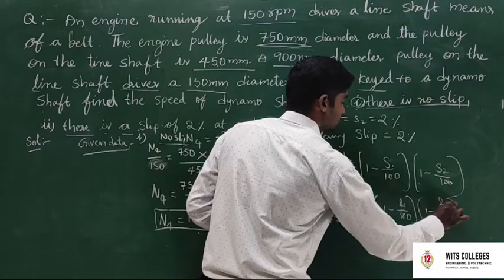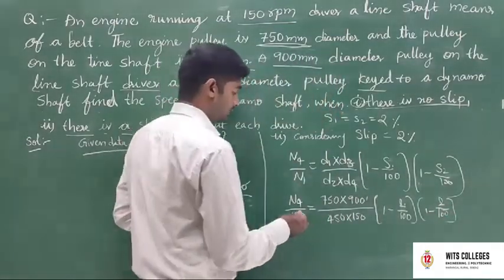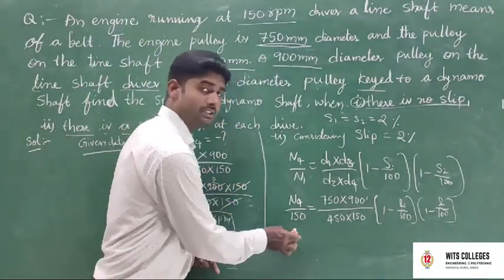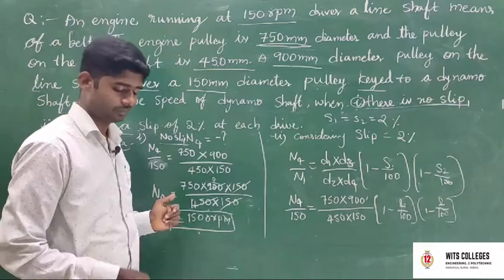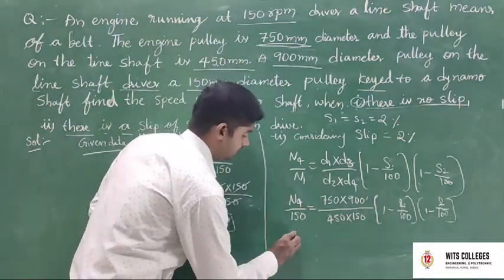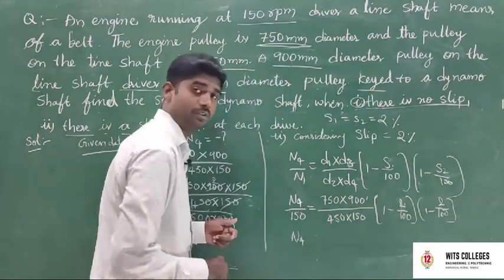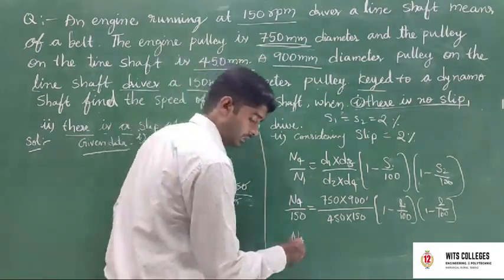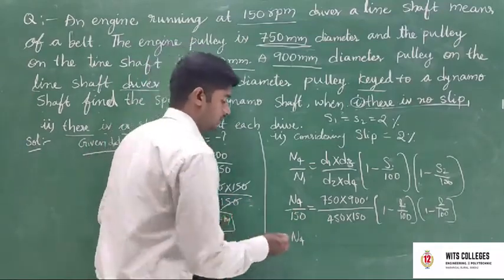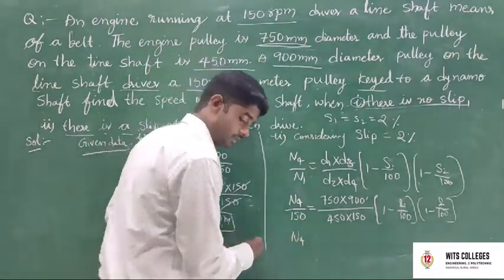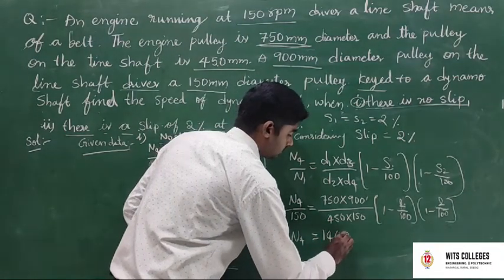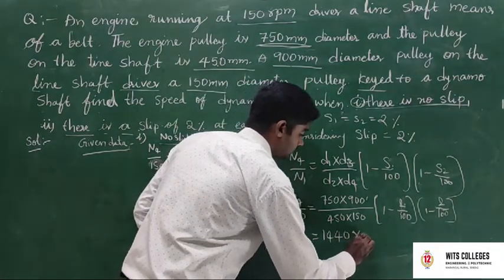Simplify this equation using your calculator and find out N4. After simplification, N4 is approximately 1440 rpm.